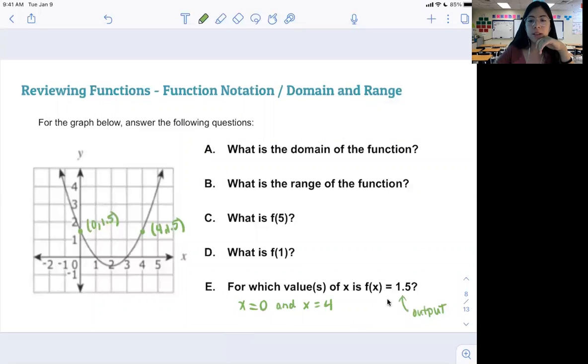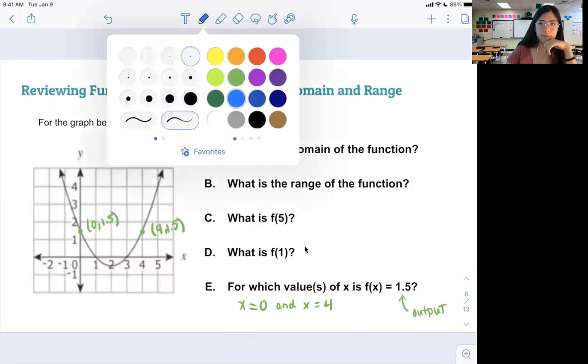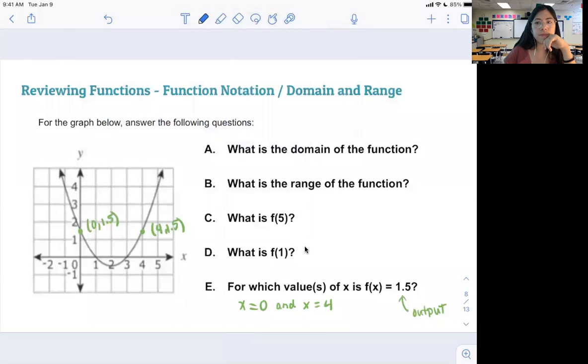Okay. Now these should be a little more easy. What is f of 1? F of 1. Okay, there we go. Not 1, but 0. When the input is 1, the output is 0, 1 comma 0.